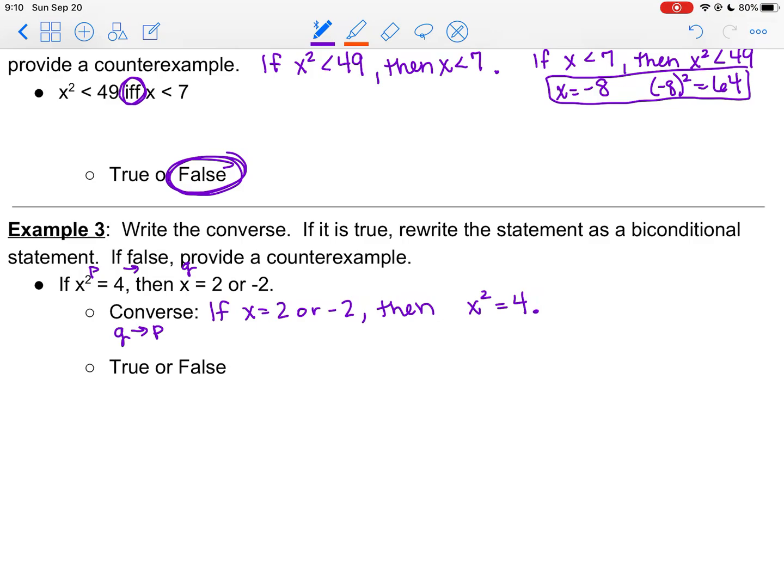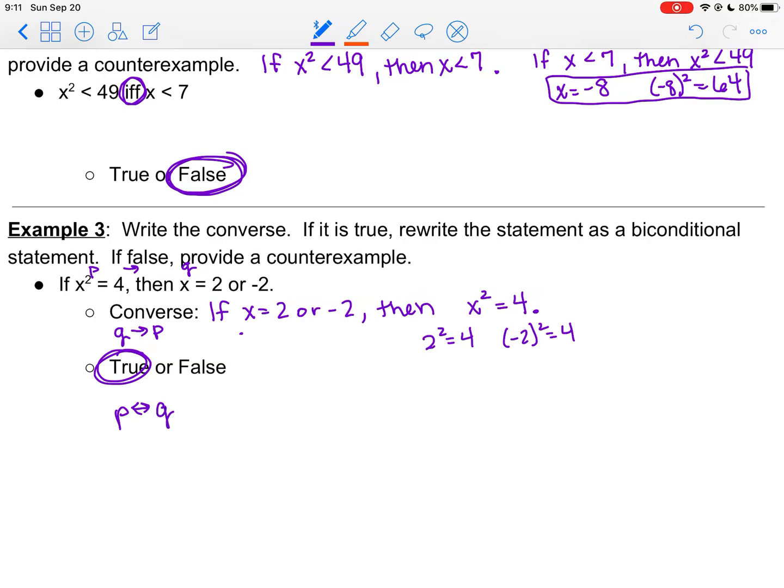If x equals 2, then 2 squared equals 4. So that one works. If x equals -2, -2 squared also equals 4. Both of those work, so this is true. Since this is true, I'm going to rewrite it as a biconditional statement, which means I'm going to use that if and only if.